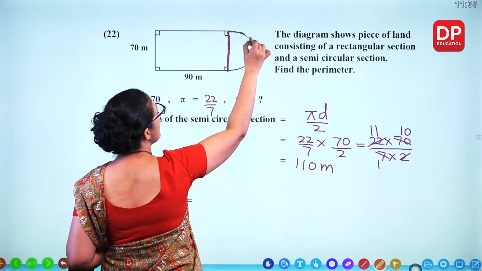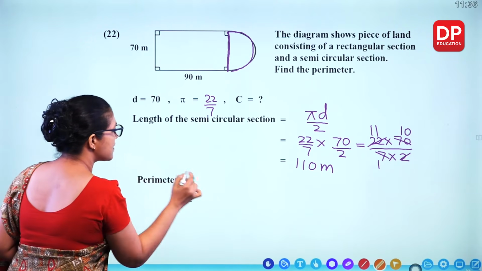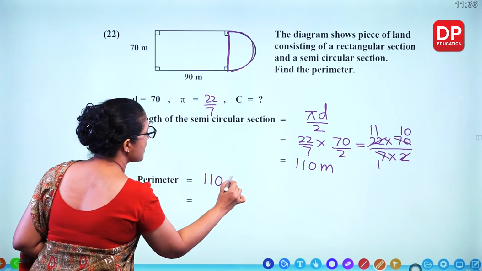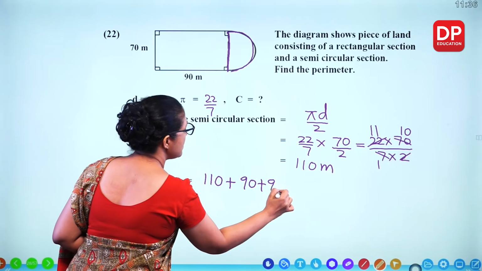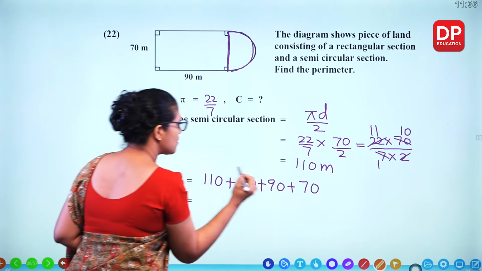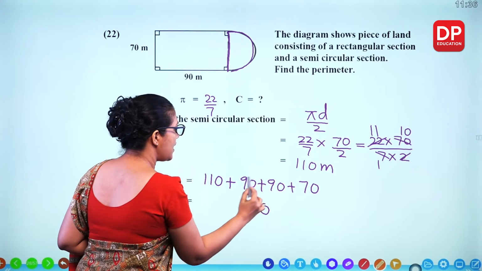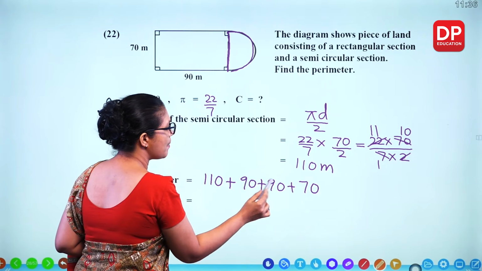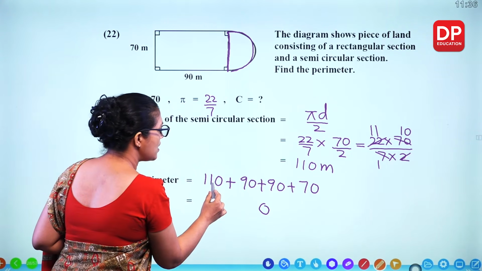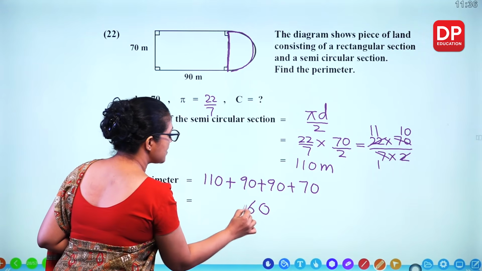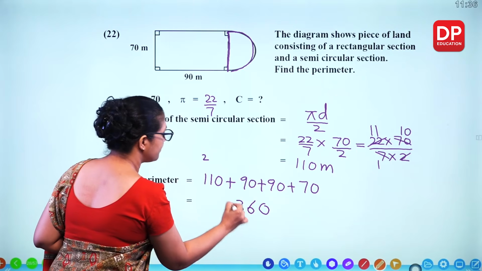Now, we found this part. So, perimeter means you have to add these three lengths. So, 110 plus 90, another 90 and 70. Add all together: 9 and 9, 18. 18 plus 7, 25. 25 plus 1, 26. 2 remaining. 2 plus 1, 3.